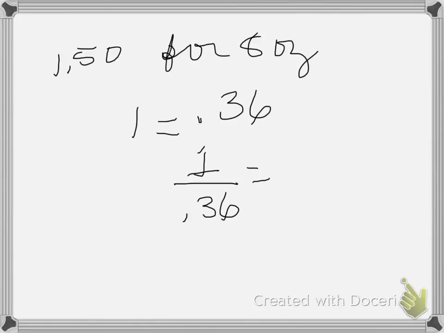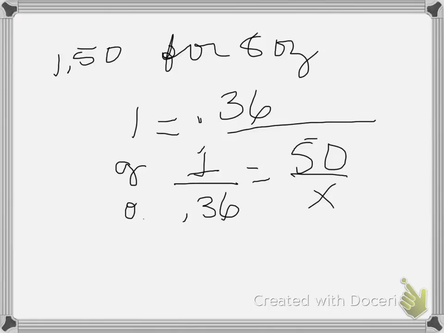So if 1 gram is 0.36, how many ounces is 50 grams? I put G for grams and O for ounces. So 50 grams is x ounces.